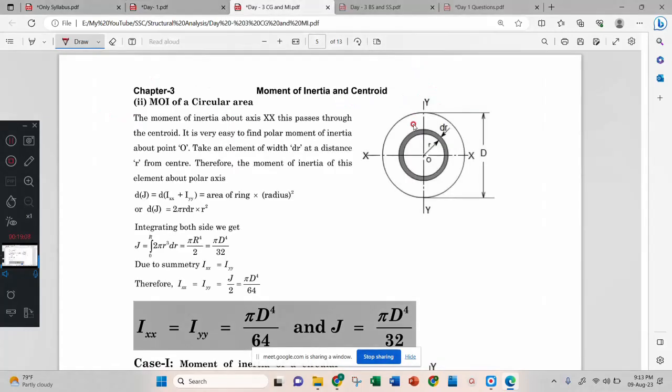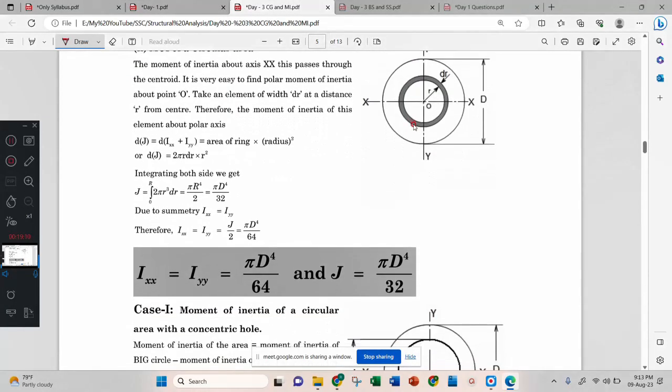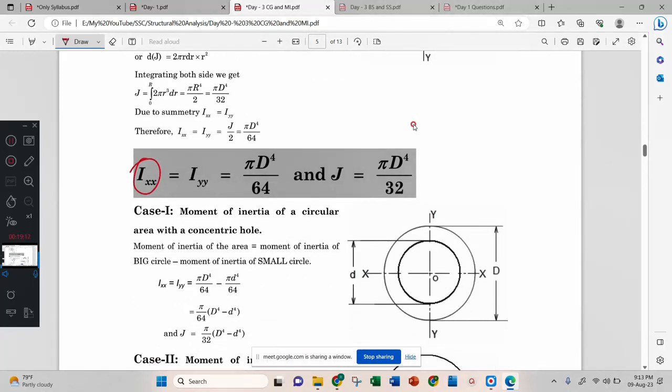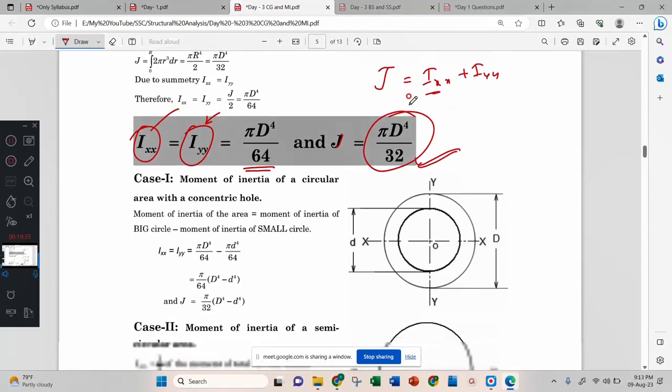Ixx and Iyy are both the same. Then what about J? The polar moment is your Ixx plus Iyy. Then you add this one and this one, and you will get pi d power 4 by 32.